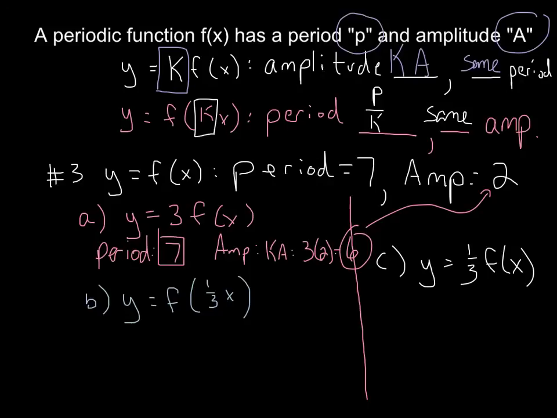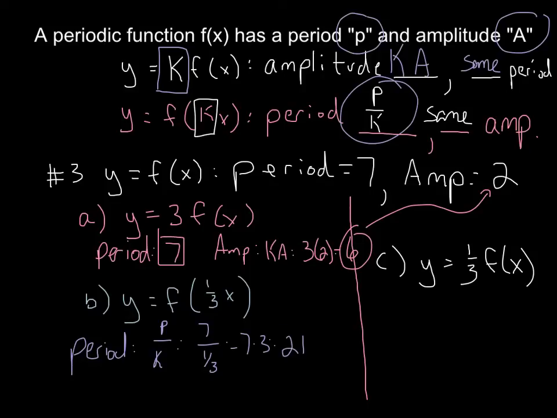All right, let's do the next one. Here, k is on the inside. So what's our formula? P over k for period. And our period was 7. 7 divided by k, well, that's 1/3. 7 divided by 1/3, how many thirds go into 7? That's really saying 7 times 3, multiplied by the reciprocal. Well, that's 21.